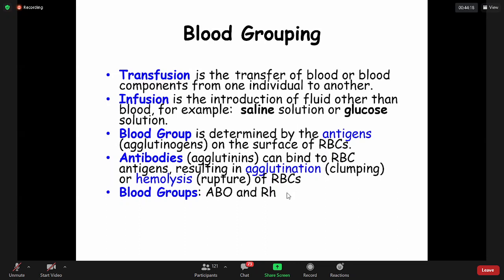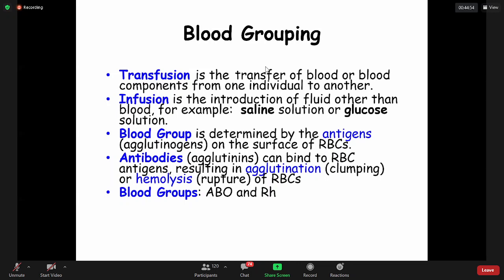Blood grouping. Transfusion is the transfer of blood or blood components from one individual to another. That is something which you already know. We've already talked about it. Infusion is the introduction of fluid other than blood, for example, normal saline or glucose. The blood group is determined by the antigens, that is the agglutinogens, on the surface of red blood cells.